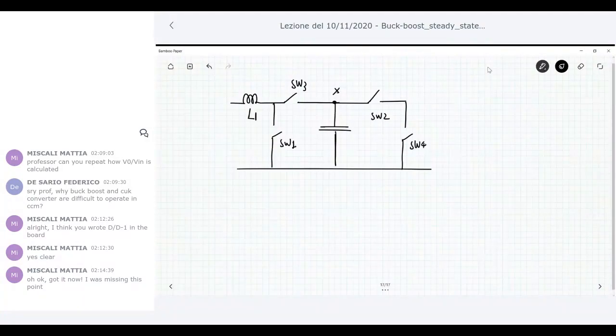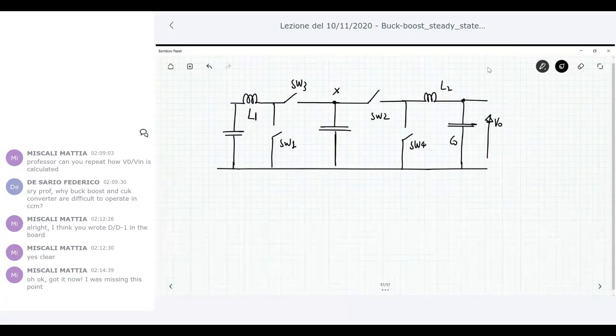Then I have another switch, which is the diode, switch 4. Then I have L2, C naught, V naught, C in, V in. Okay? Synchronous version of the same circuits. I replace the diodes that are here with two switches, switch 4 and switch 3.